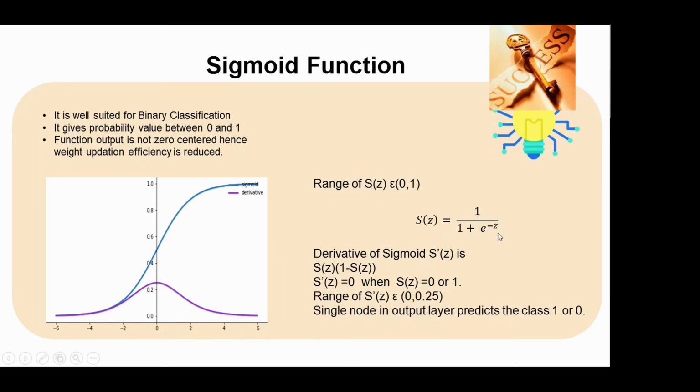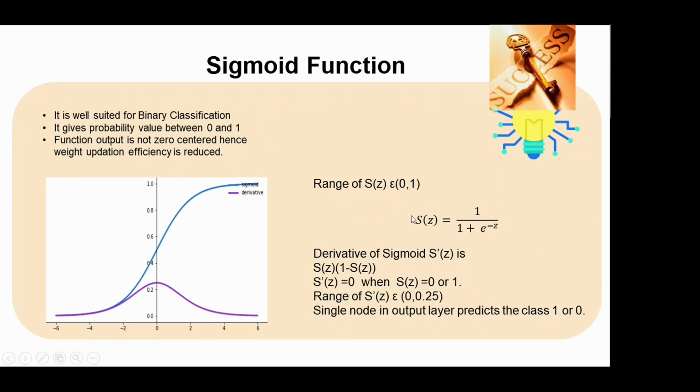Suppose the value of z is 100, meaning the first node of the hidden layer is producing the value 100. First you have to transform your value, so you apply the activation function. S(z) is equal to 1 divided by 1 plus e to the power minus z, so 1 divided by 1 plus e to the power minus 100.